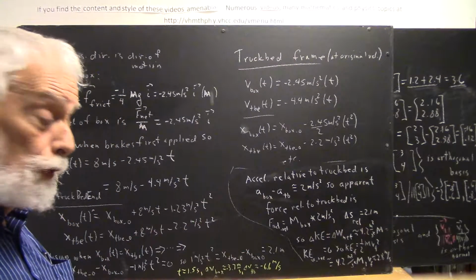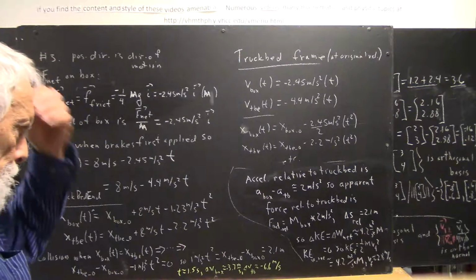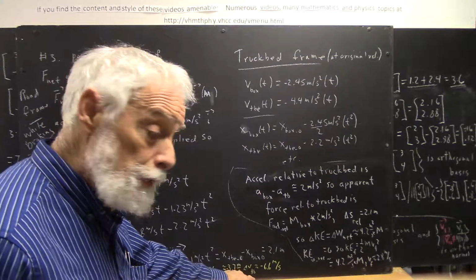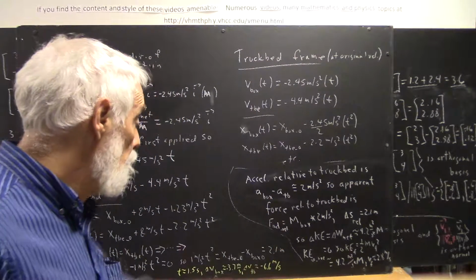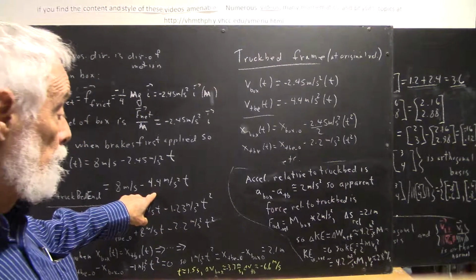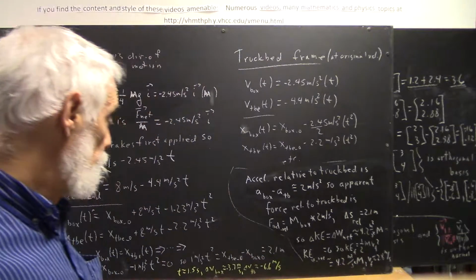So relative to the road, the box slows by 3.7 meters per second. The change in velocity of the truck bed relative to the road, calculated the same way with the same time interval, but of course with the acceleration of the truck bed, is negative 6.6 meters per second.